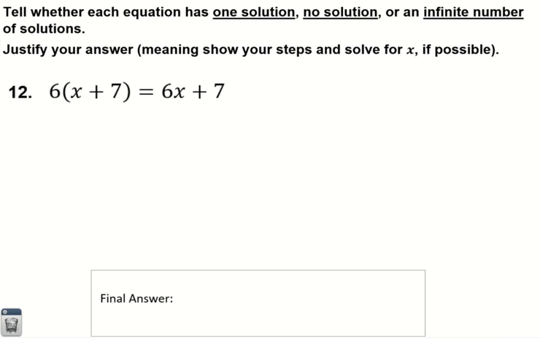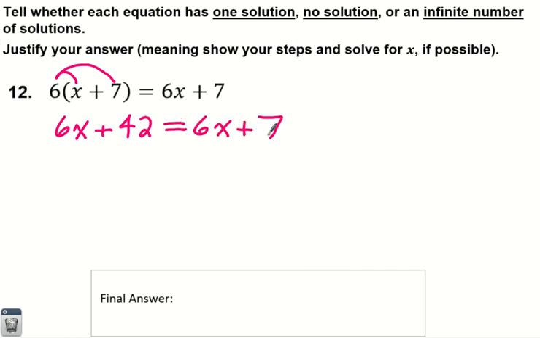And now here, the directions say to work this equation and answer with how many solutions there are. Tell whether there's one solution, no solution, or an infinite number of solutions. Okay, and so here we would start by distributing, and getting 6x plus 42 on the left.